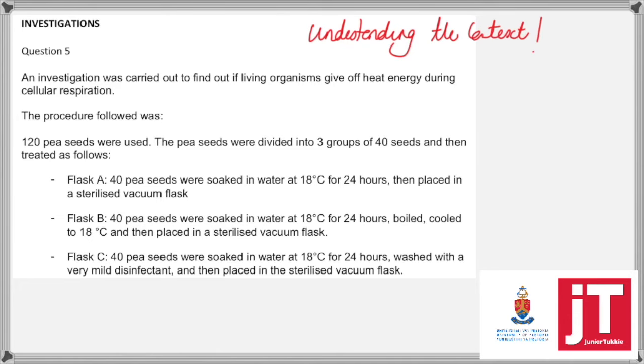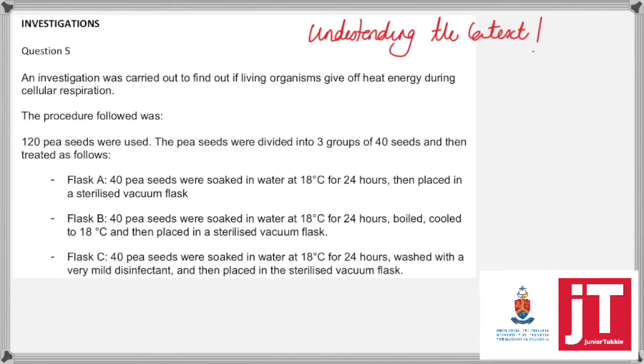So here we've got 40 pea seeds soaked in water and then boiled, cooled to 18 degrees Celsius, then placed in the sterilized vacuum flask, just as flask A. Flask C, 40 pea seeds were soaked in water at 18 degrees Celsius for 24 hours, washed with a mild disinfectant.